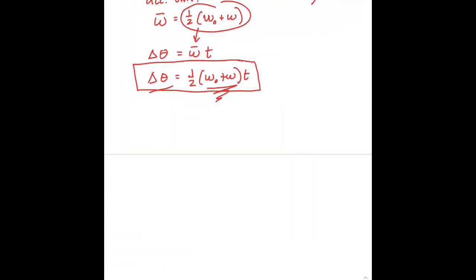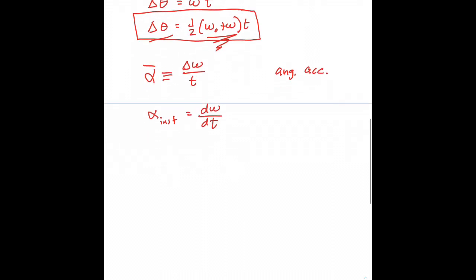Let's carry on. We're going to define something known as angular acceleration. Let's define angular acceleration as the change in angular speed divided by time. And by the way, the instantaneous angular acceleration is the derivative of angular speed with respect to time.